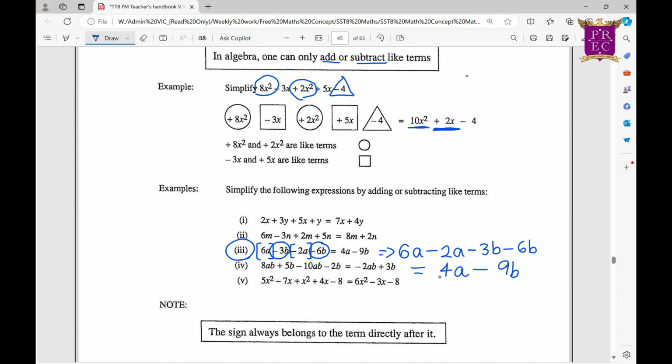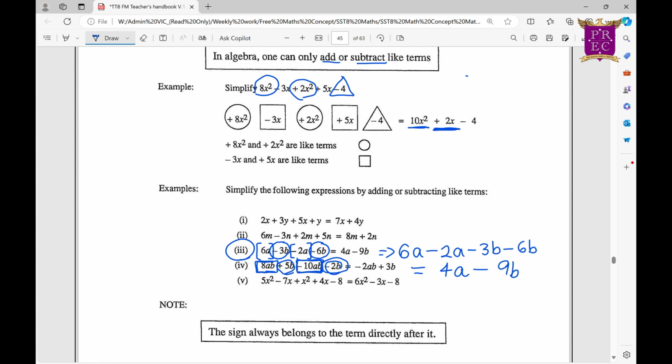And this one, even if it seems a little complicated, just pay attention how 8ab and negative 10ab are like terms. Plus 5b and minus 2b are like terms, and that just gives you that.